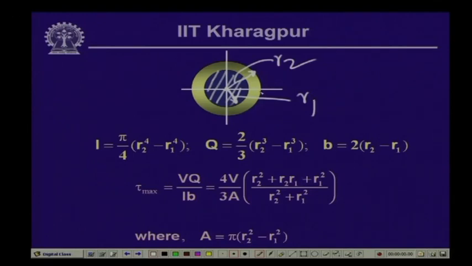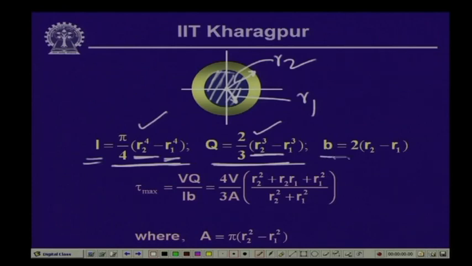As we have seen, the moment of inertia I is equal to pi by 4 r to the power 4. So, if we subtract the internal circular part from the external one, we get the I of the annular part. So, this is pi by 4 times r 2 to the power 4 minus r 1 to the power 4. Q is 2 by 3 r cube, and in place of r cube we substitute r 2 cube minus r 1 cube.